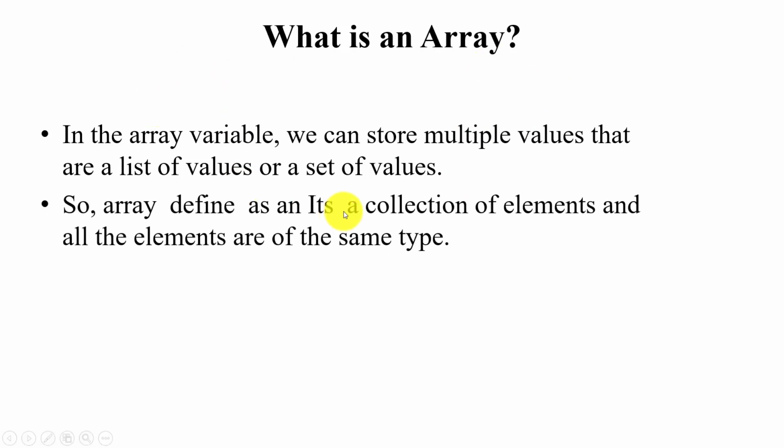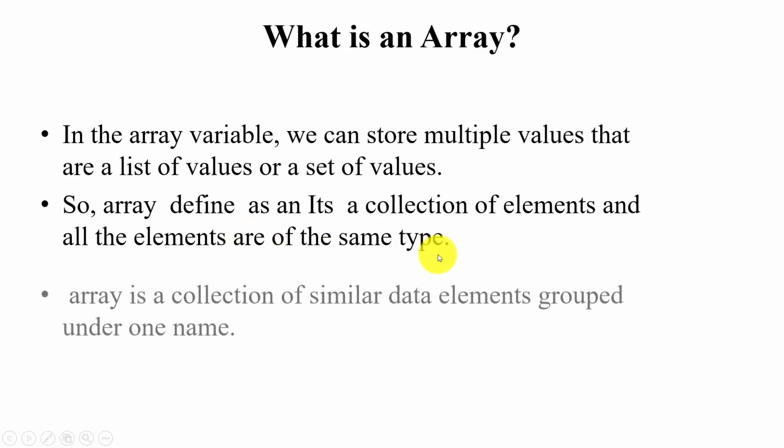An array is defined as a collection of elements, because we are collecting a number of variables, and its size is fixed. All elements are collected into one single unit, but the condition is that all elements are of the same data type.